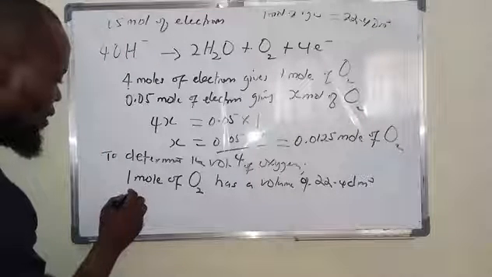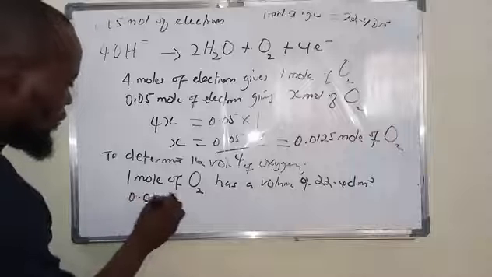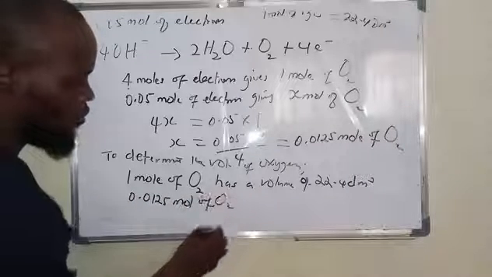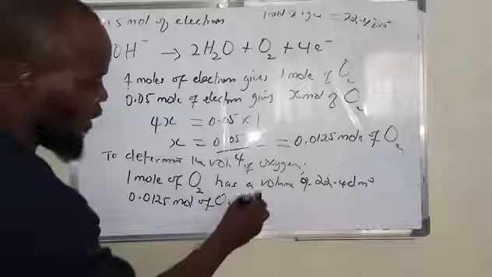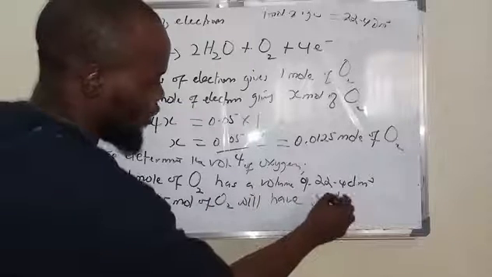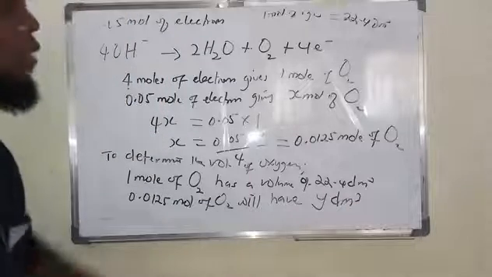So we now say 0.0125 moles of oxygen will have, let's call it Y dm cube, a volume equal to Y dm cube. So Y is our unknown, which we are going to be finding now.